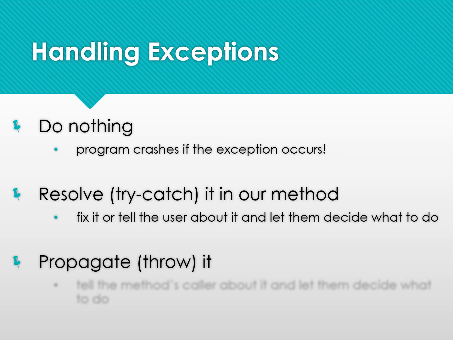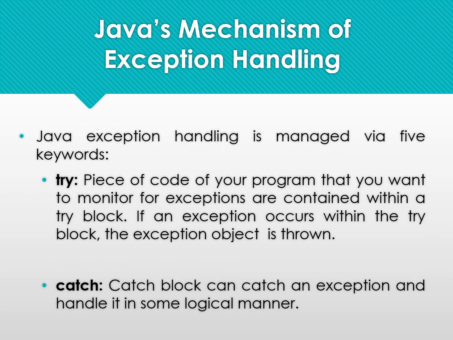The third way is to propagate, to throw it. We tell the method caller, the method that called the piece of code where the exception happened, about it and let that method decide what to do.